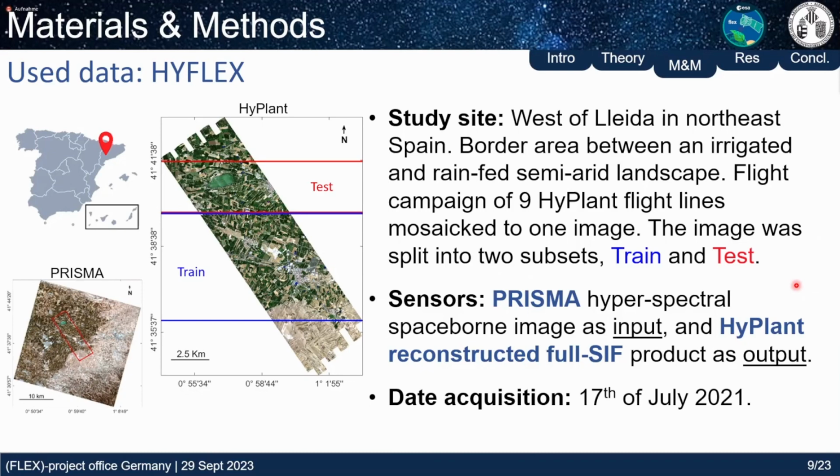The image consists of nine HyPlant flight lines, mosaicked into one image, and we split the image into a train subset and a test subset. We used two sensors: the PRISMA hyperspectral image as input for our emulation, and the HyPlant reconstructed full SIF as the output. Both images were acquired on the 17th of July 2021.